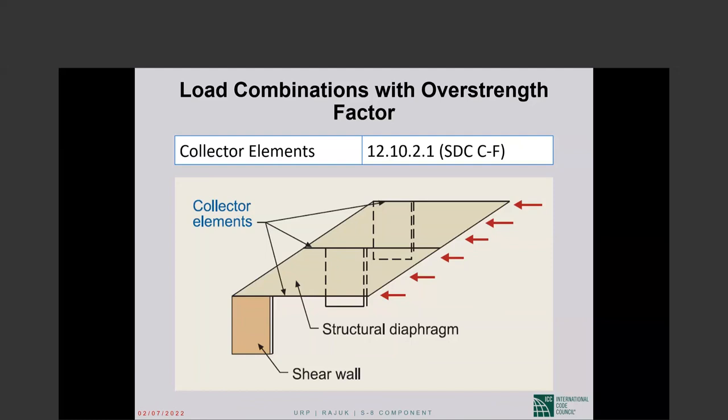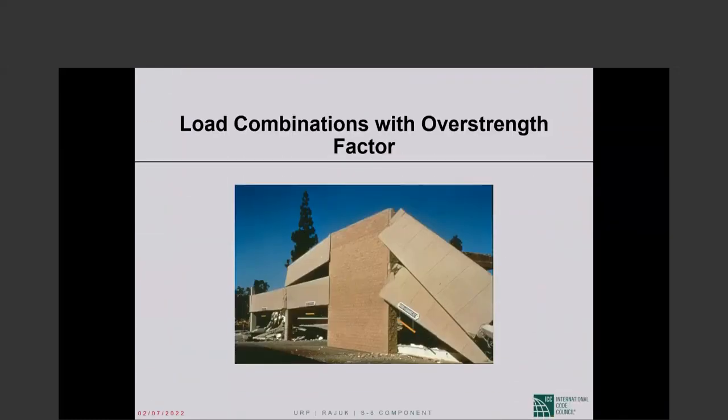There are other situations where the same thing exists. Anyway, those collector elements must be designed using the load combinations with overstrength factor. This is extremely important. To make the point, this is a parking structure after the Northridge earthquake of, when was it? 90, years got mixed up, 94, I believe.